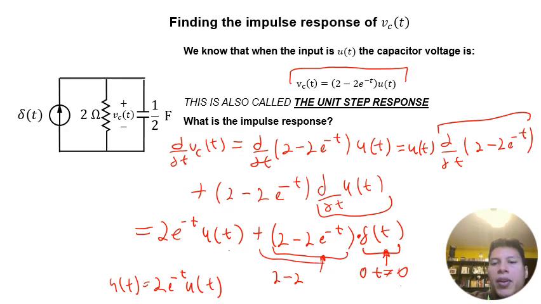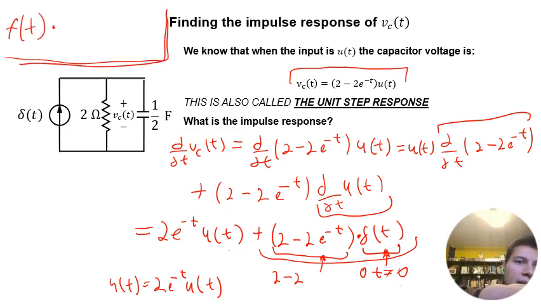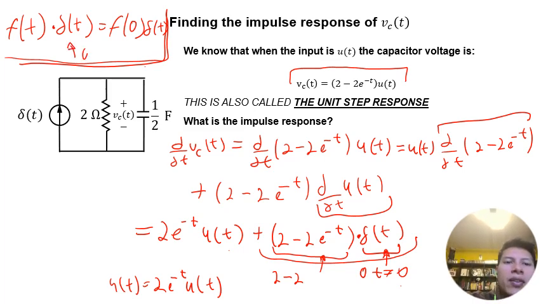An important property that we will be using, which you should memorize, is that f of t times delta of t is equal to f of 0 times delta of t. The reason is that delta of t is 0 whenever t does not equal 0.